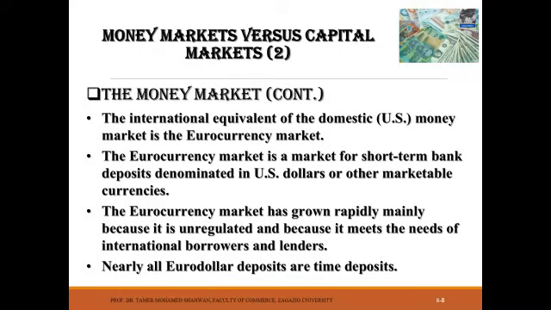It's a market for short-term bank deposits denominated in the US dollars or other marketable currency. The euro currency market has grown rapidly because it's unregulated, in a way that could meet the needs of international borrowers and lenders.